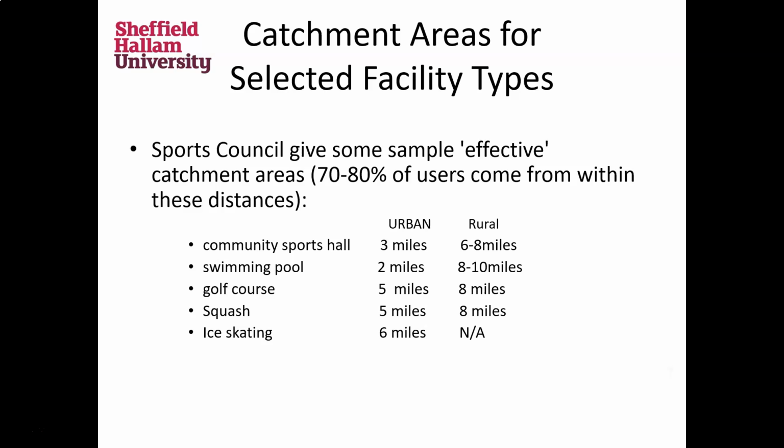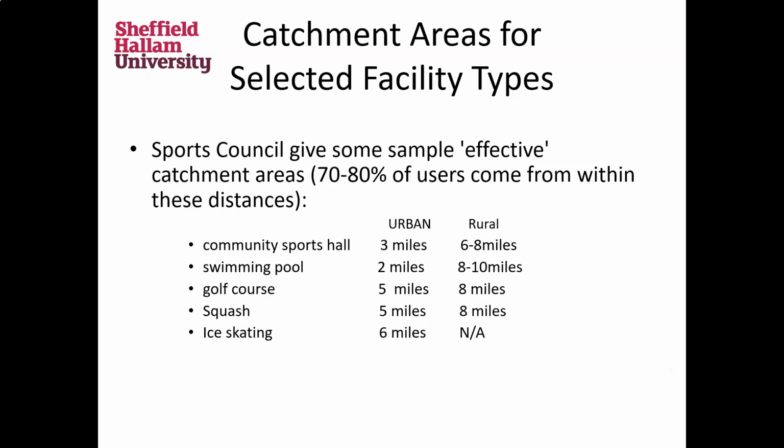If you live in rural areas, you have to accept that you don't have populations which have the concentrations to merit the provision of many kinds of facilities. So travelling to facilities, whether that's schools, hospitals, shops, and sports facilities in rural areas, is far more common. So in rural areas, we find that catchment areas are bigger because people have to travel further to use those facilities.